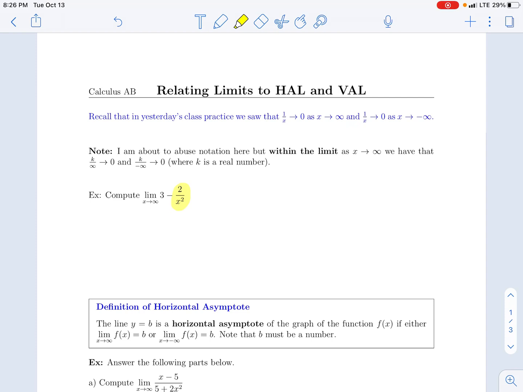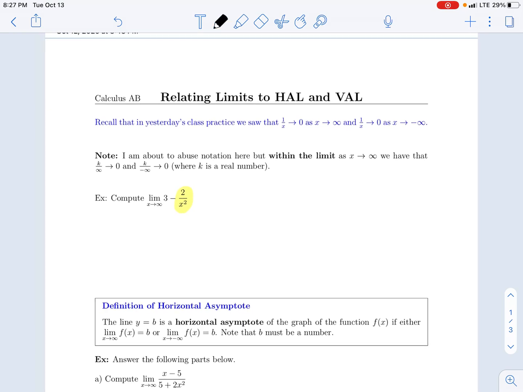This is an abuse of notation. But what you want to note is that I'm not plugging in infinity for x and squaring it or anything like that. I'm looking at the end behavior of x squared, and I know that the end behavior there is going to be infinity.